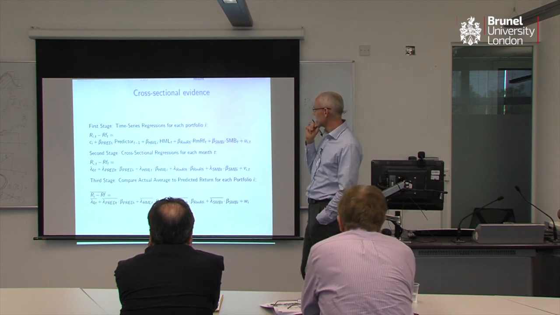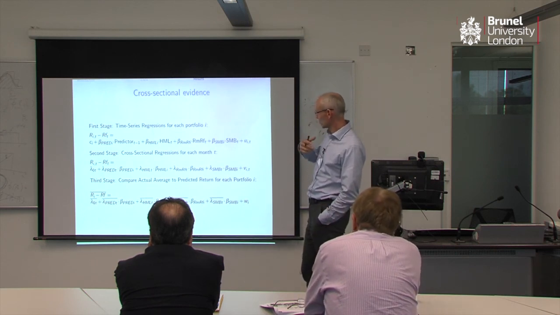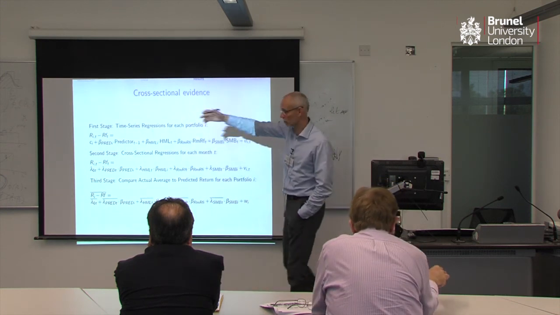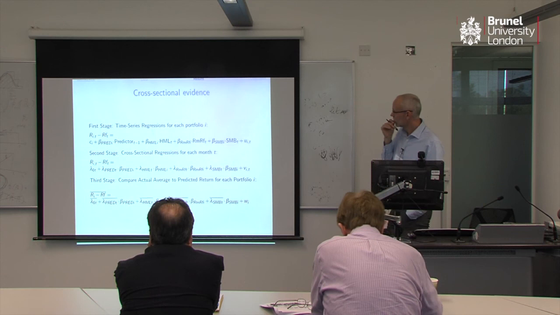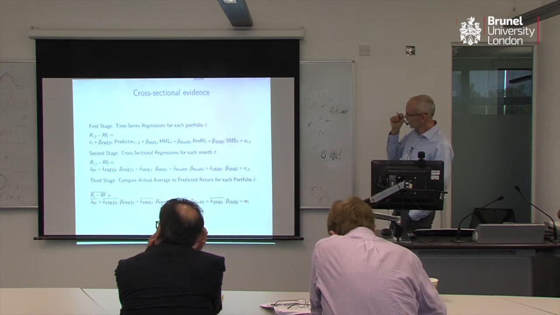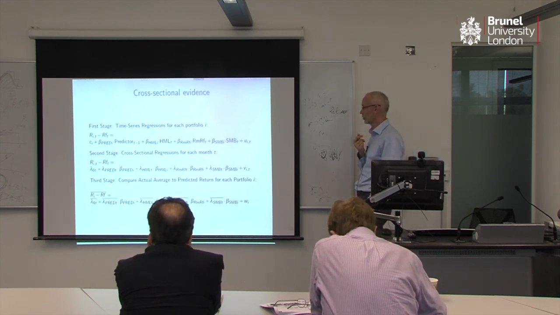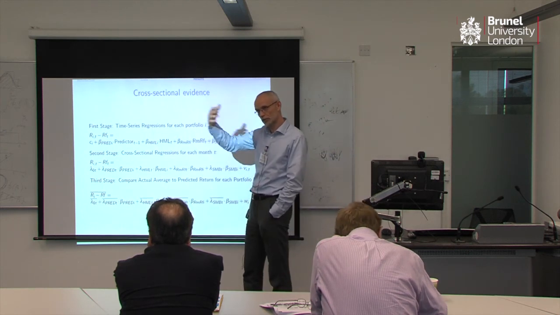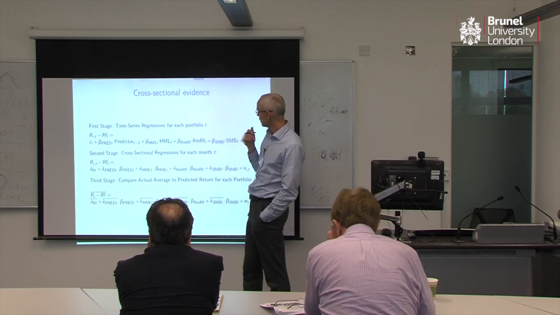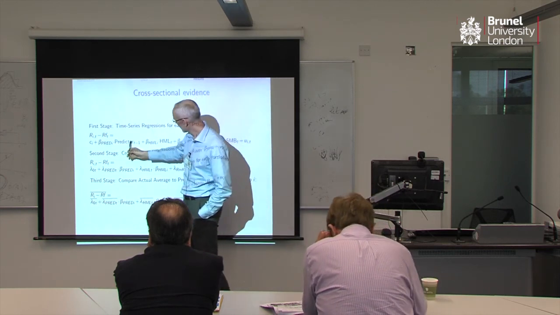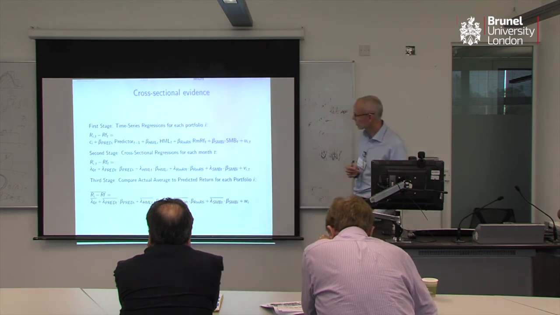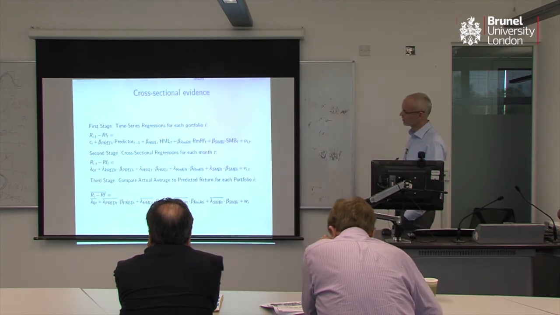What we want to get is the sensitivity. We have constructed our predictor, which is the first principal component of this series as before. We'll run time series regressions of the individual portfolio returns on the realizations of the predictor, get a sensitivity to those, and plug that into the cross-section.